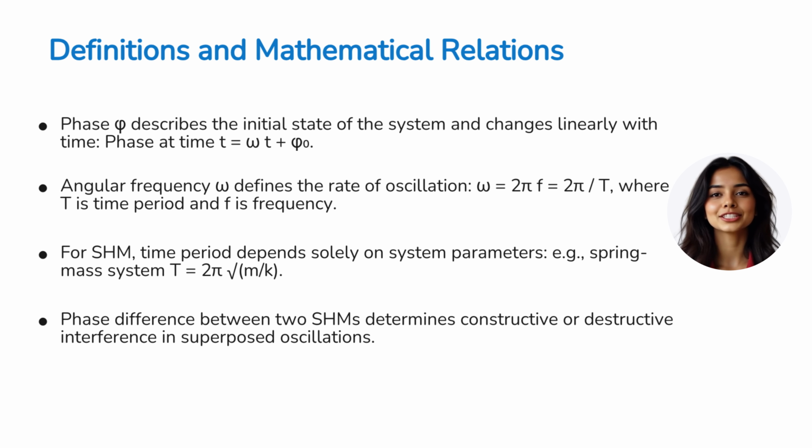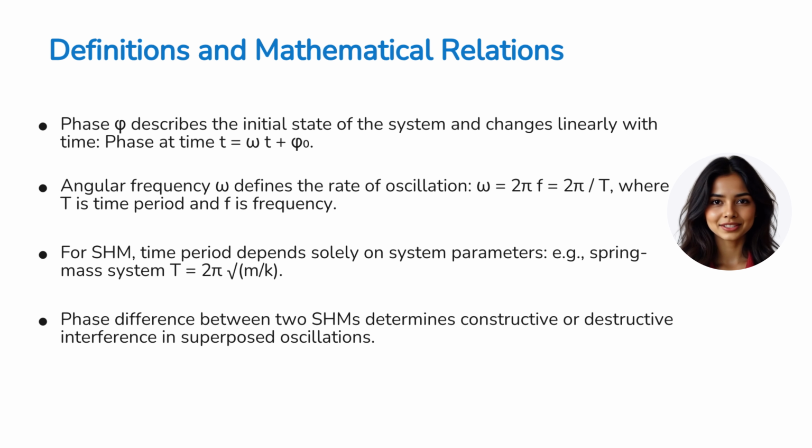This phase relationship is vital in many phenomena, from sound waves creating beats to electronics and even quantum mechanics. So, understanding phase, angular frequency, and time period helps us master not just single oscillations but the rich world when many oscillations meet.